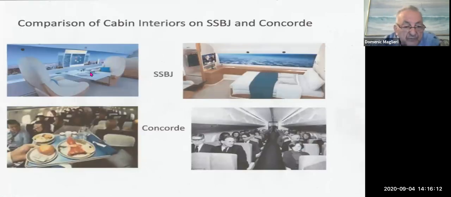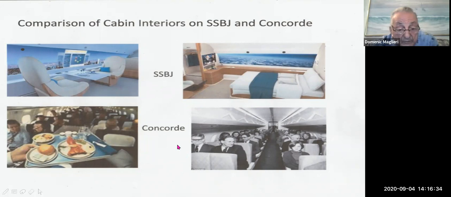Here we show it up here, daytime, nighttime. It's pretty plush. Here's Concorde. Okay, Concorde seating 100 passengers. And here they are wining and dining for about an hour of a 3.5-hour flight with lobster, steak, and champagne.